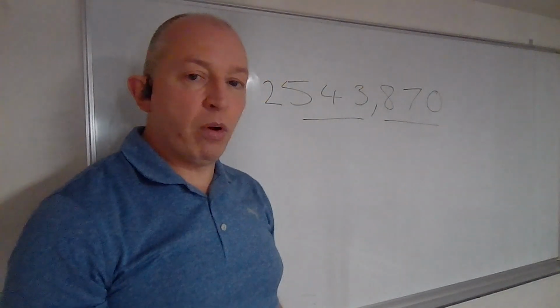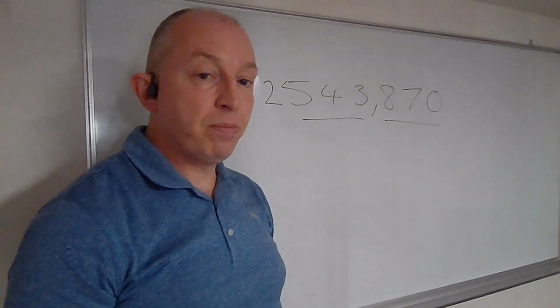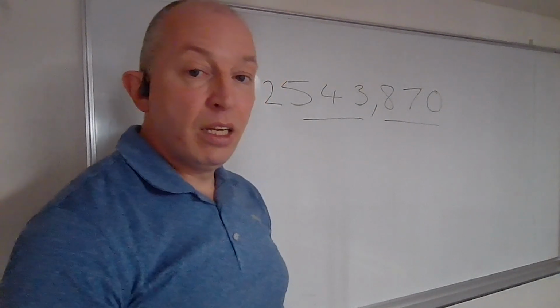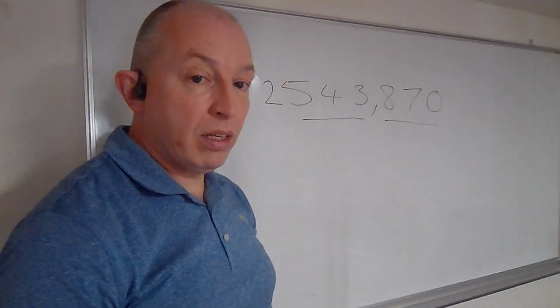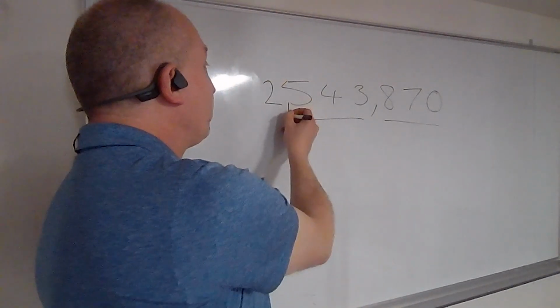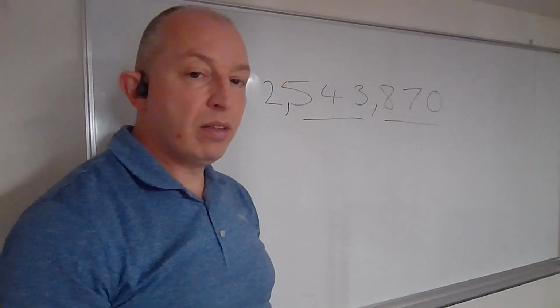Let's do another one. So, what's that number now? Is the comma in the right place? Yes, it is. But we need another one. And we need to put it here. How do you say that number now?